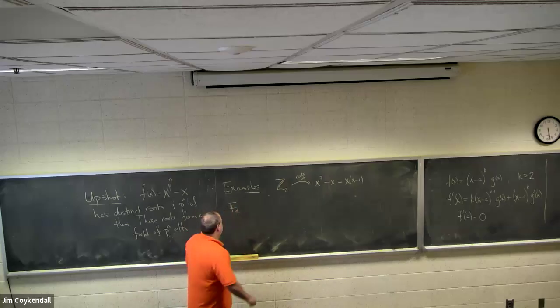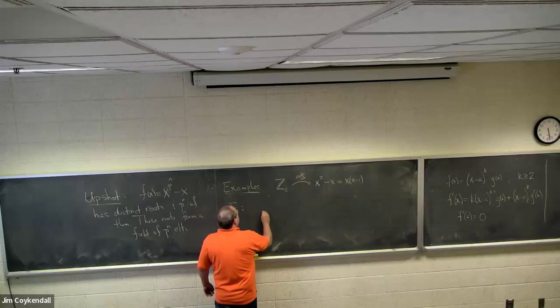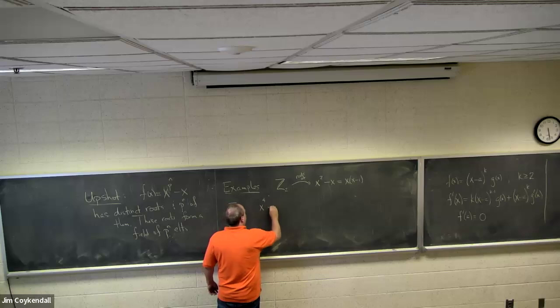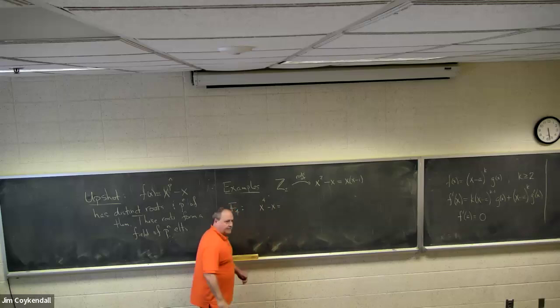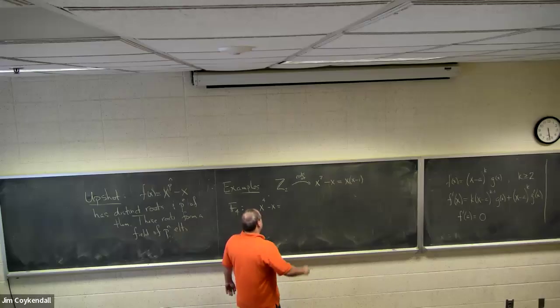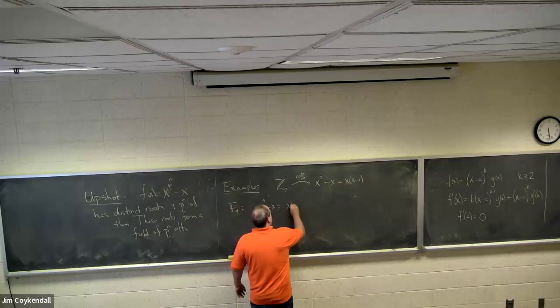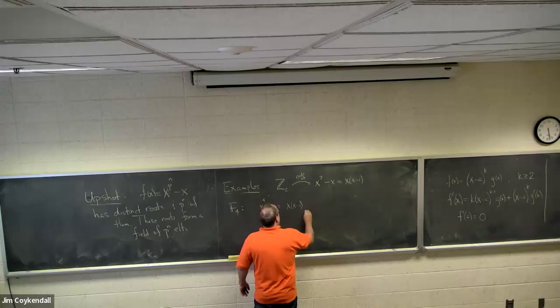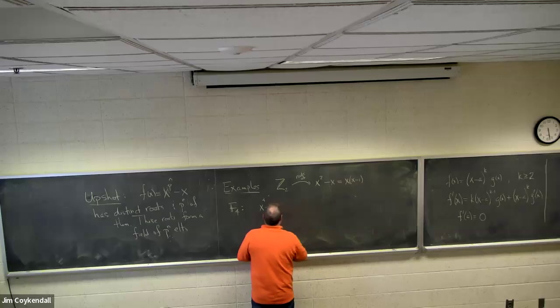Field of 4 elements. The polynomial here would be x to the 4 minus x. The field of 4 elements has to contain the field of 2 elements. That's one of the things we see. So we better see that polynomial showing up again.